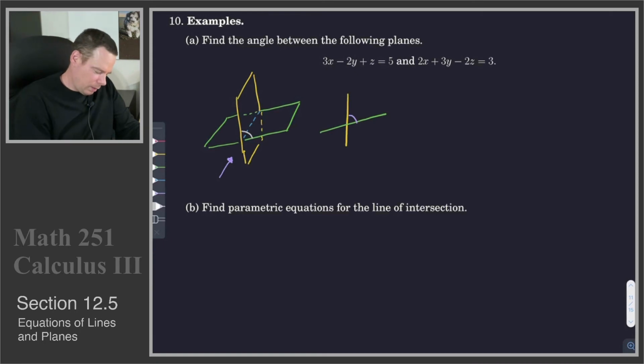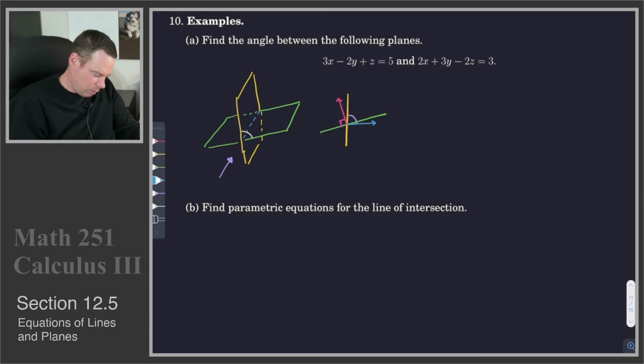And so how are we going to get that? Well, the idea is I know how to get the normal vector to each of these planes. So there's one normal vector, and here's another normal vector. Now, those normal vectors I can take to be in either direction.